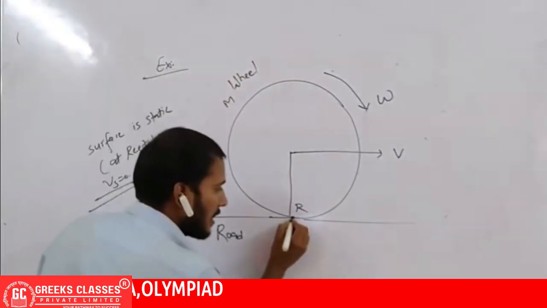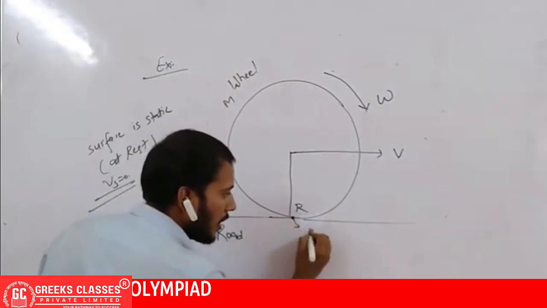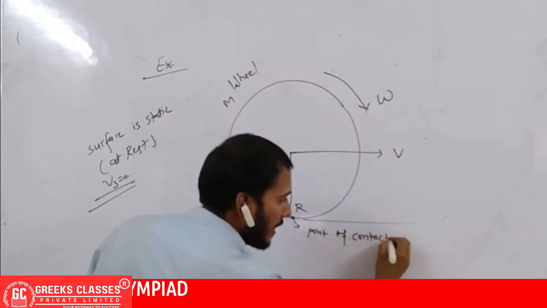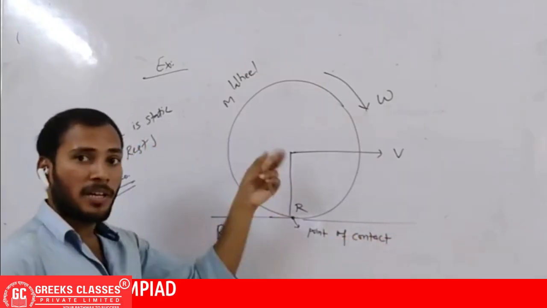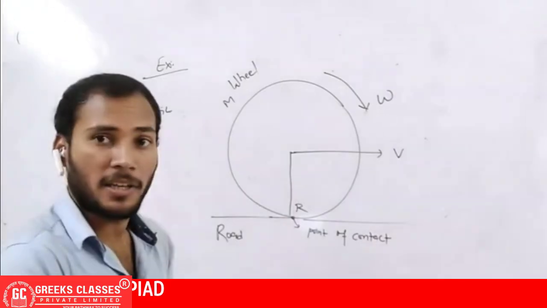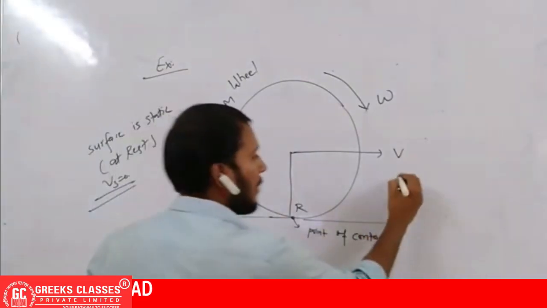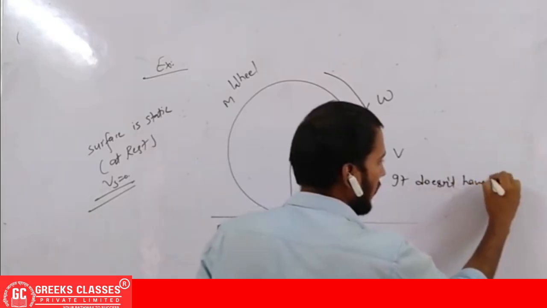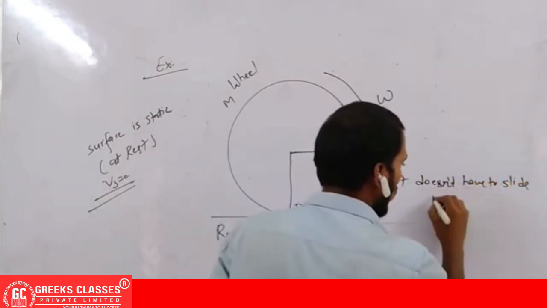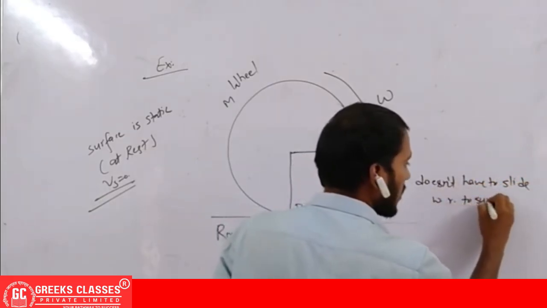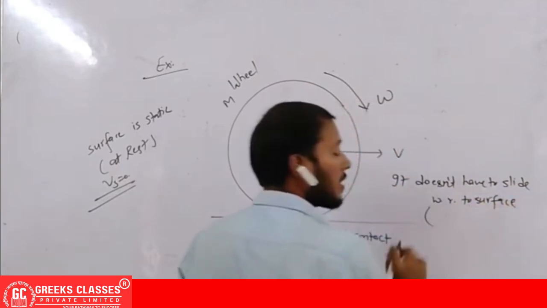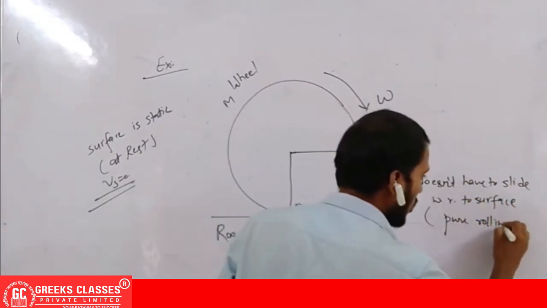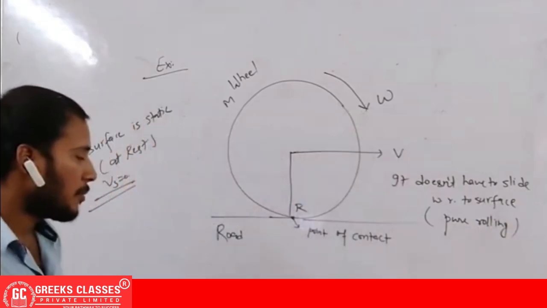That means the point of contact, where the surface and the body get in contact with each other, does not have to slide with respect to the surface. For what? For pure rolling.